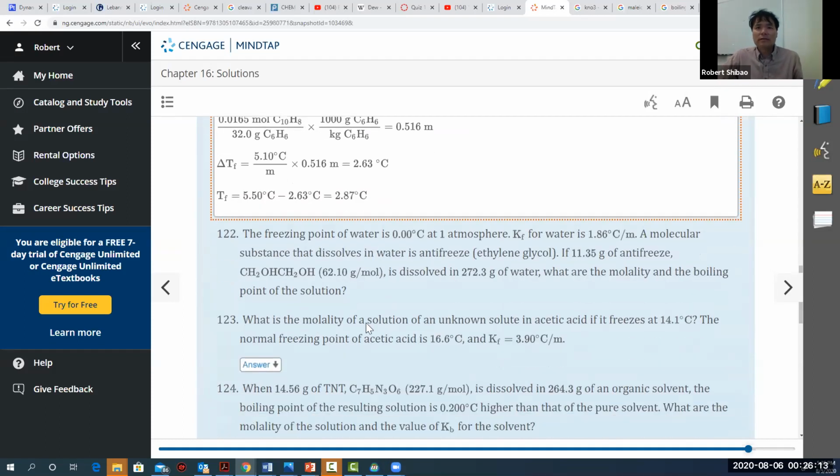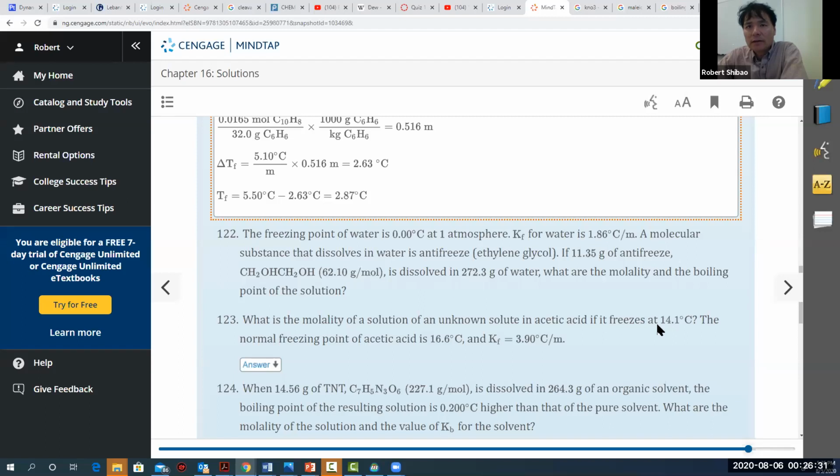What is the molality of a solution of an unknown solute in acetic acid if it freezes at 14.1 degrees C? The normal freezing point of acetic acid is 16.6 degrees C. So here we can calculate delta TF.